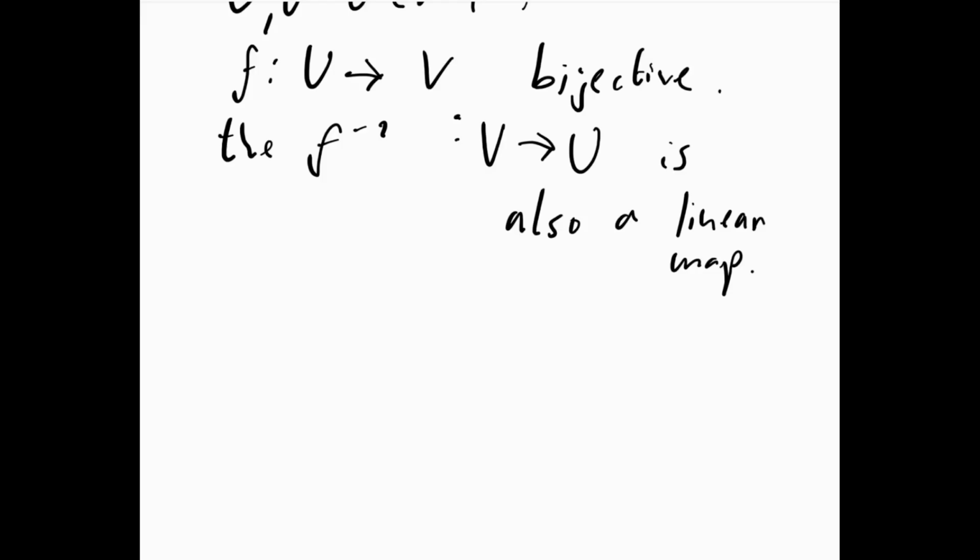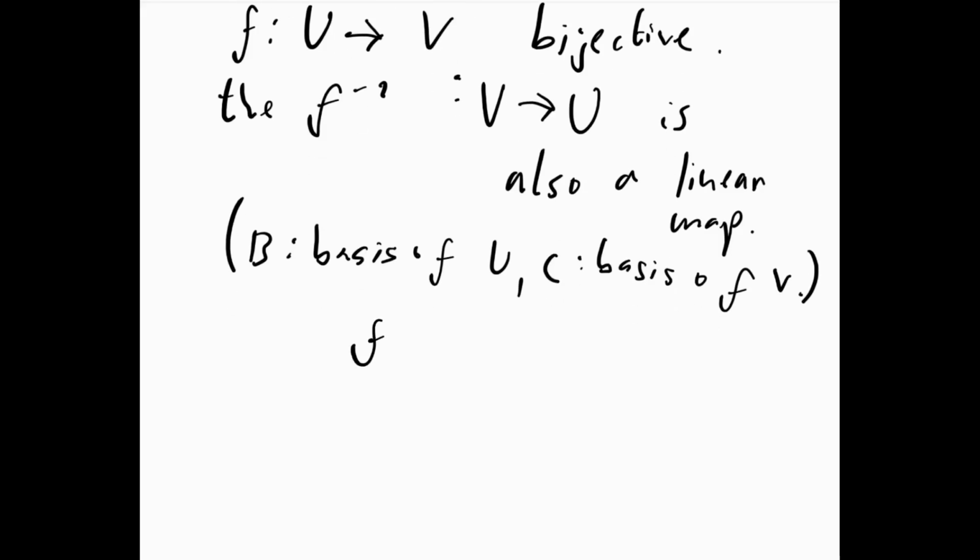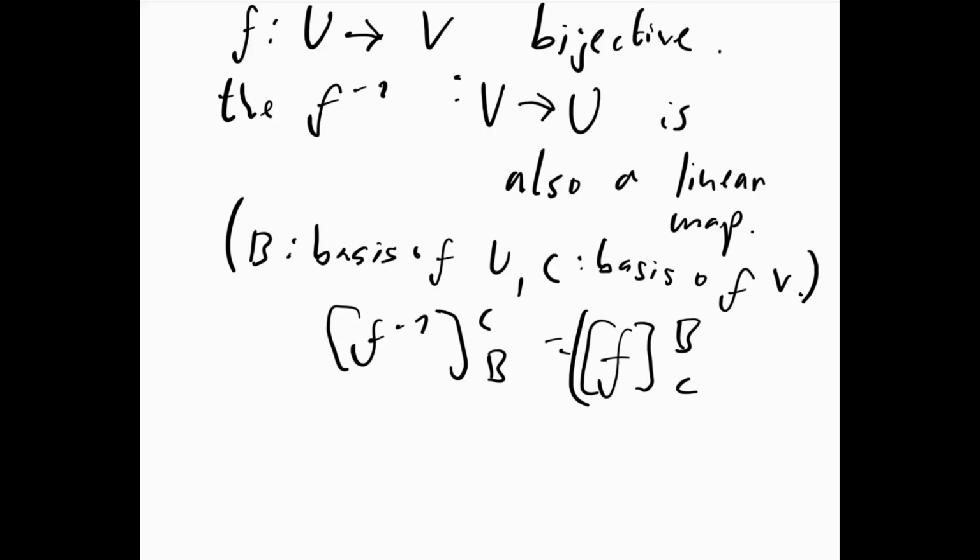Of course, U and V are finitely generated vector spaces of dimension n, and B is a basis of U and C is a basis of V. If we have that, then the matrix of F inverse from C to B is going to be the matrix of F from B to C, with the order switched, to the power of -1.